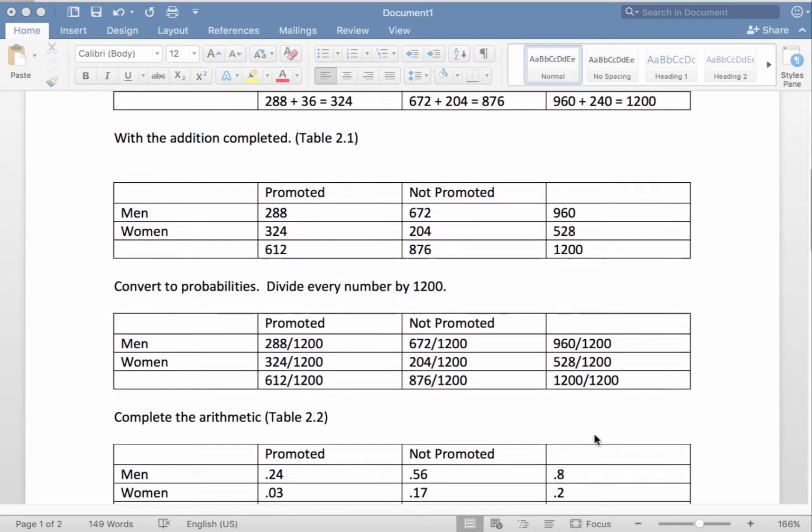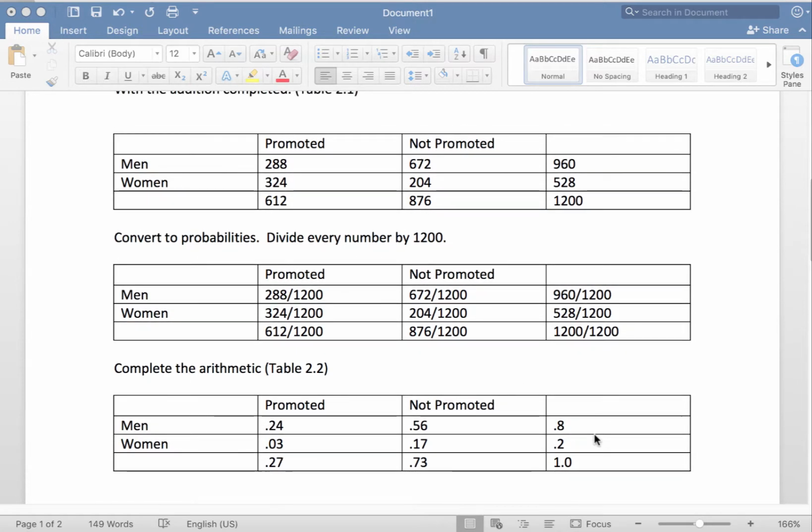So do the arithmetic, and now we've got something from which we can compute probabilities. The probability that the person was a man, and we refer to this as a marginal probability, is 0.8. The probability that a person was promoted was 0.27. And the probability that a person was a man and promoted was 0.24, and so forth.